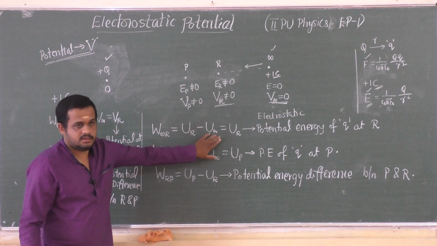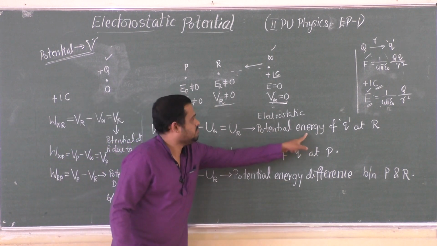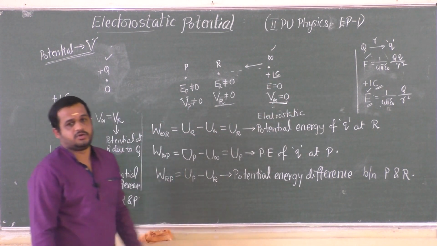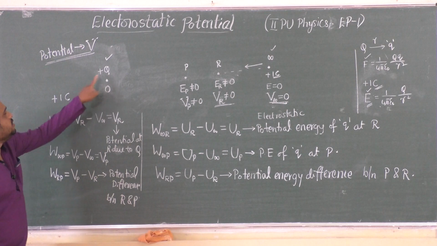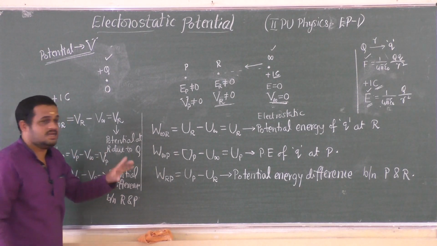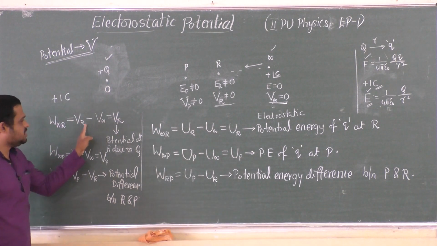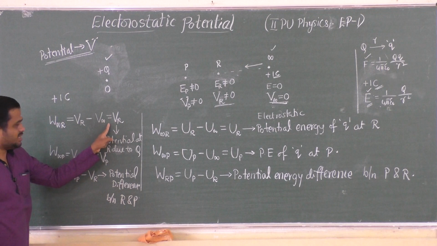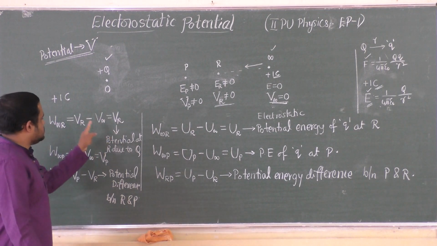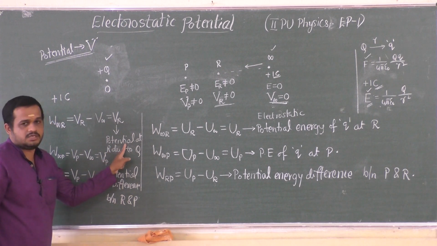Same thing here: potential energy, because we considered charge of magnitude Q. Here we considered unit positive charge. In case of unit positive charge, potential energy is called electric potential V. So work done is equal to change in potential energy, same concept. When one of the terms is 0, the difference is equal to potential.